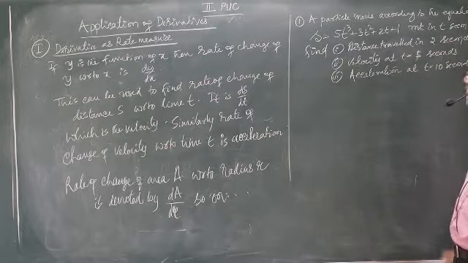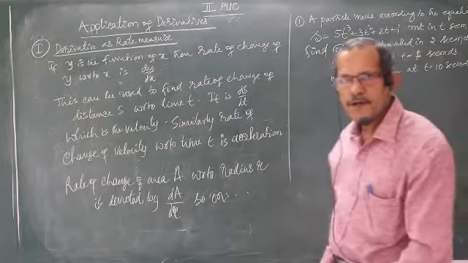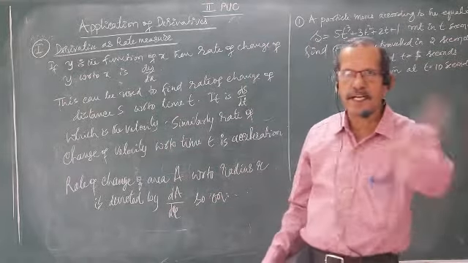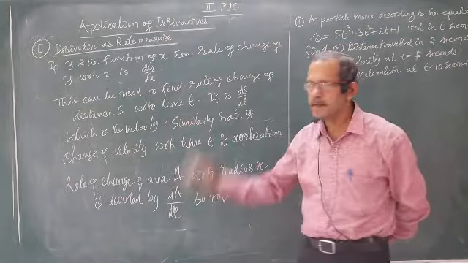Instead of giving 3 examples, in the same example, we find the distance covered, velocity, acceleration, all the things, ds by dt.